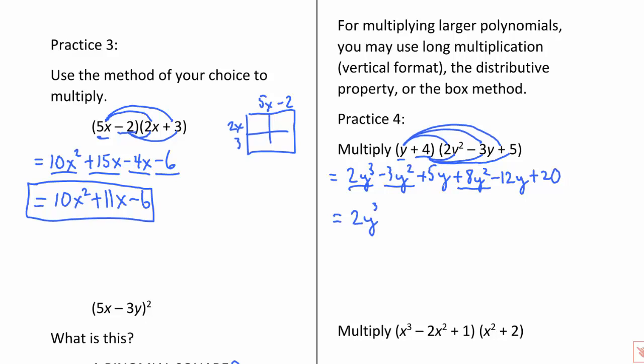Okay, so negative 3 plus 8 is a plus 5, and then keep it as y squared. 5y, negative 12y. 5 minus 12 is negative 7y. And then the plus 20 by itself. There you go. So that's going to give me 2y cubed plus 5y squared minus 7y plus 20.